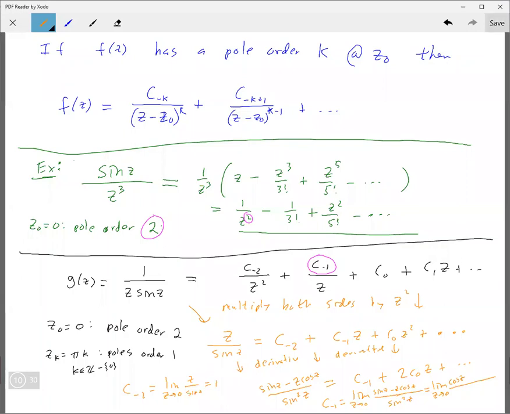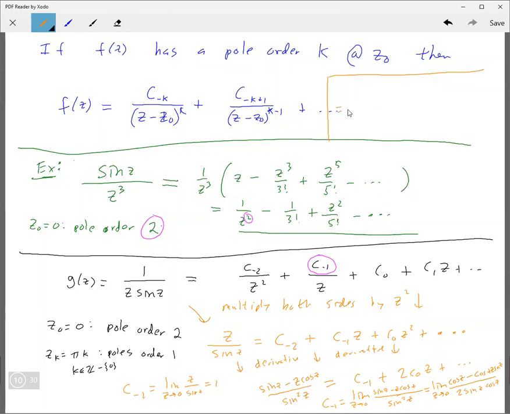Maybe there's room up here. And then minus, the derivative of this one is cosine z minus or plus z sine z here, over, this one is going to be 2 sine z cosine z.